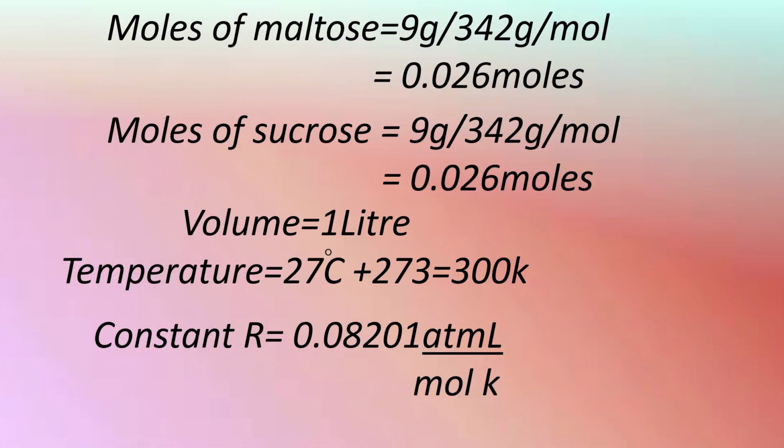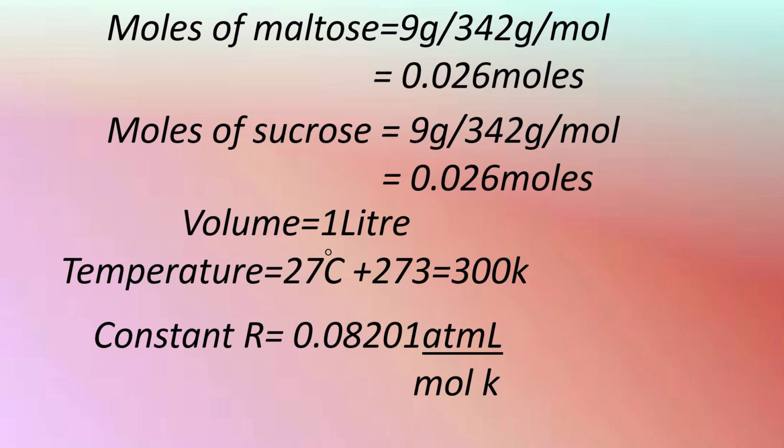Moles of maltose is 9 gram divided by 342 gram per mole. We have calculated the molecular weight of maltose earlier. So moles of maltose is 0.026 moles. Moles of sucrose is equal to 9 gram divided by 342 gram per mole, that is molecular weight of sucrose, as I have discussed earlier. So moles of sucrose are 0.026 moles.